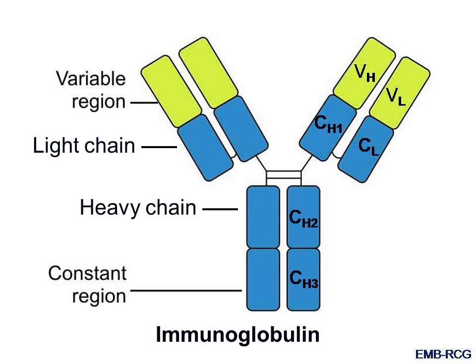As we have seen earlier, the variable regions of light chains and heavy chains form the antigen binding site, which recognizes and binds an antigen, and then the constant region of the heavy chain performs the effector function. The purpose of effector function is to prevent the antigen or the pathogen from exerting its harmful effects.